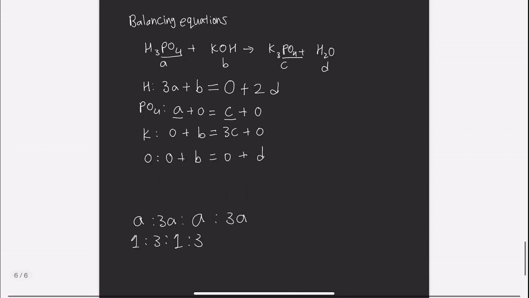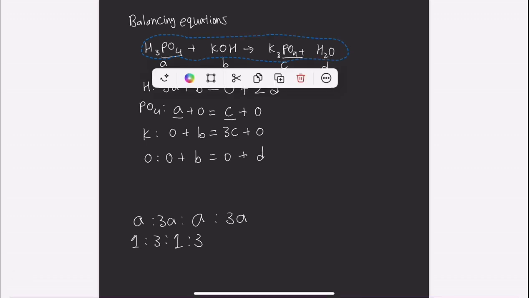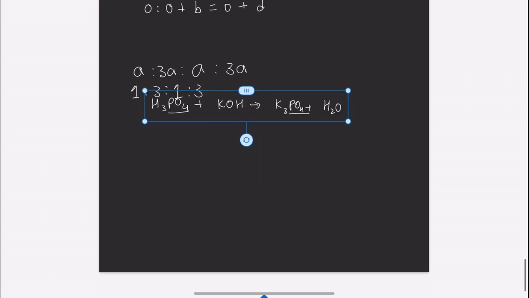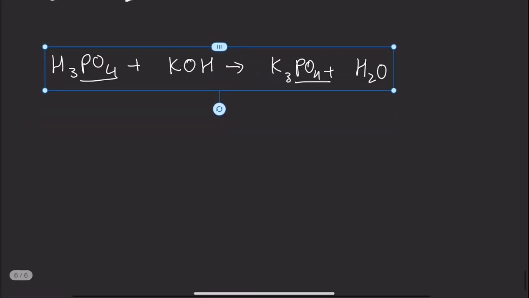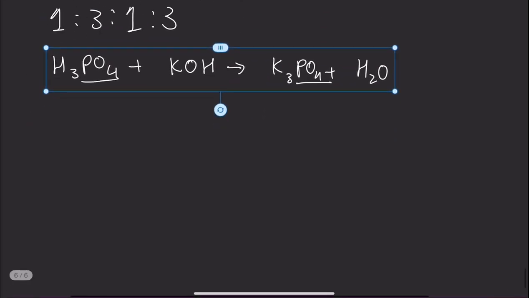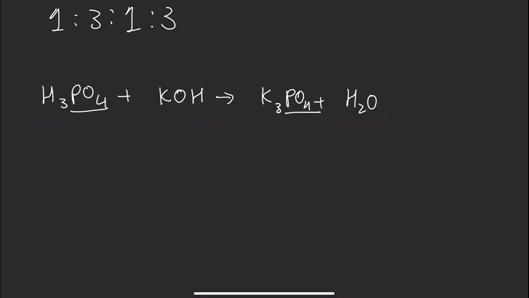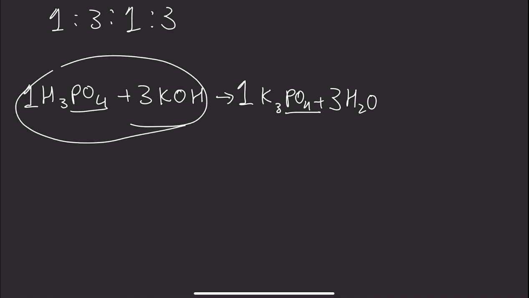Now let's go check that. Let's write that again and bring it down. It says 1, 3, 1, 3. To check this, we just simply gotta see if there's equal amount of elements on the left side as the right side.